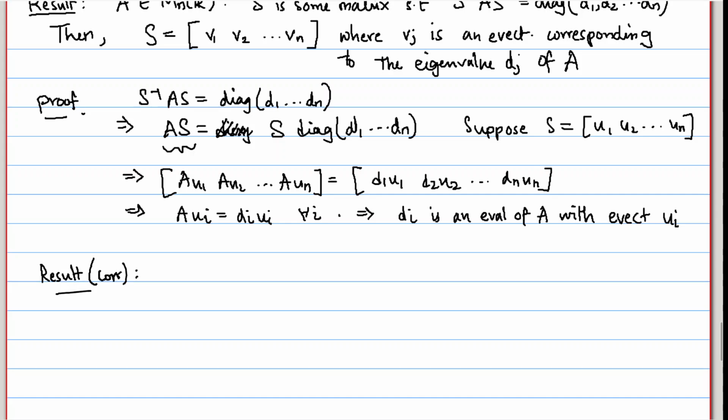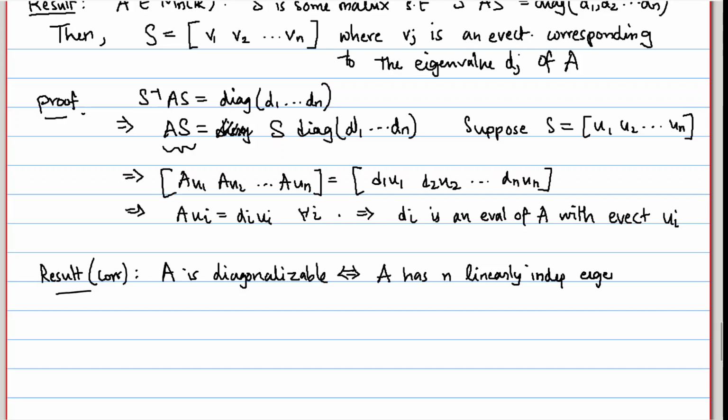A is diagonalizable if and only if A has n linearly independent eigenvectors.